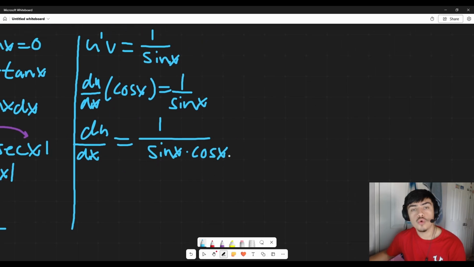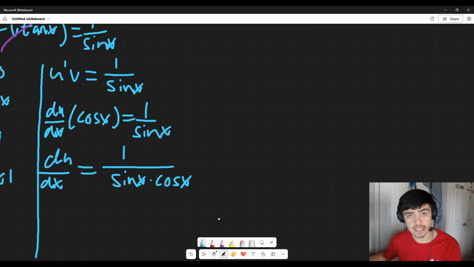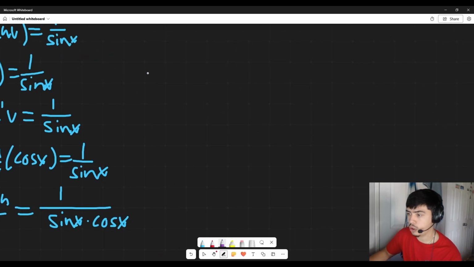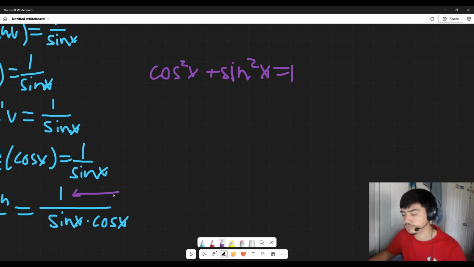So now we're going to do a little small trick. It's honestly really cool. It's something that you won't really see when integrating. What we're going to do is use the Pythagorean identity, which, if you don't remember, is cosine squared x plus sine squared x is equal to 1. And we have a 1 right here.